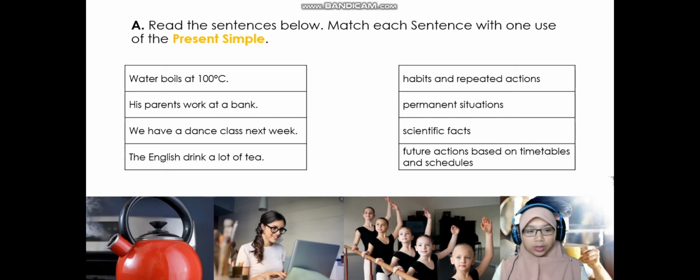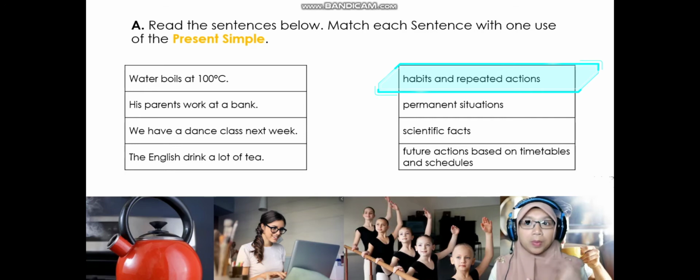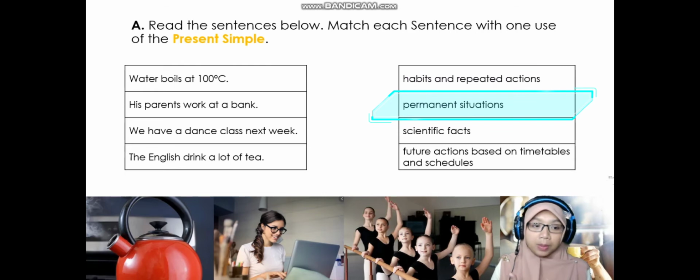When should you be using present simple? So you are going to use present simple in the very first situation, habit and repeated action. So bila benda tu berulang and repeated, so masa tu you guna present simple. Permanent situation. Permanent situation ni macam mana? Permanent, benda yang kekal, situasi yang kekal. So tak berubah-ubah.